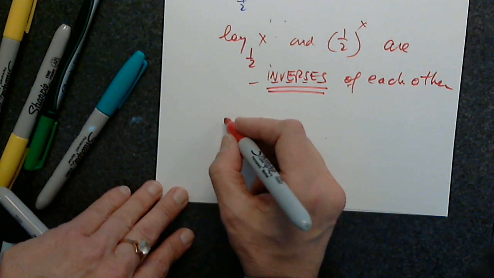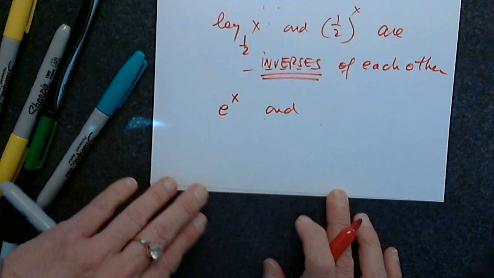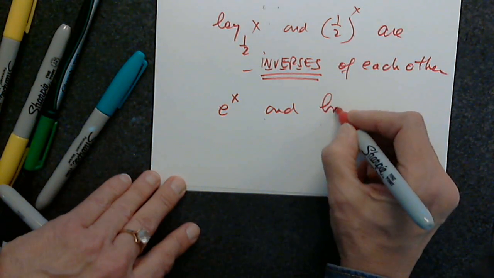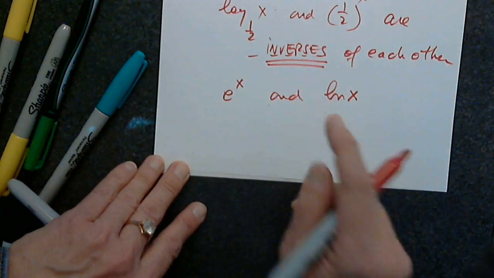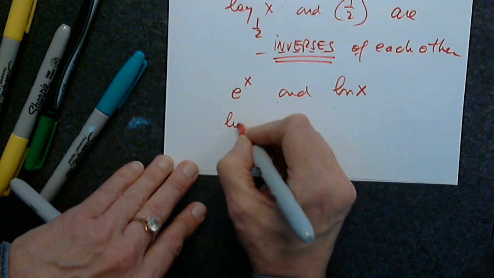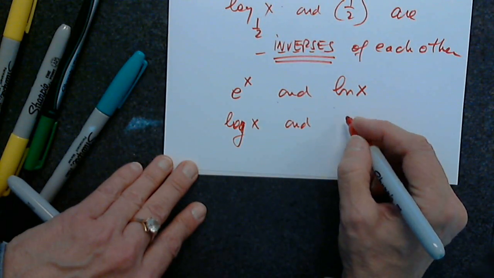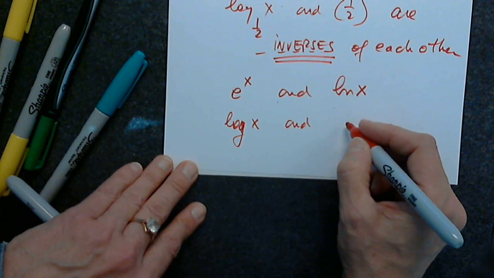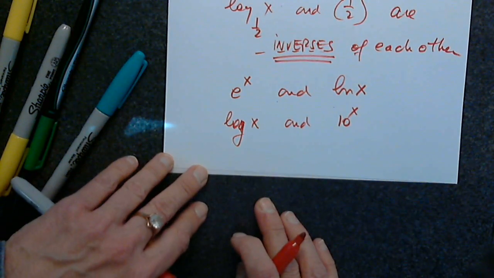Now I'm going to ask, what about e to the x? And which function will be inverses of each other? Has to have the same base, right? So now since you said that, what about log x and 10 to the x? Very good, are inverses of each other.